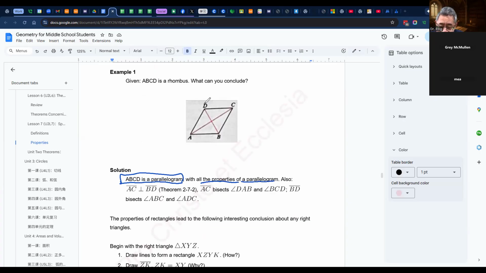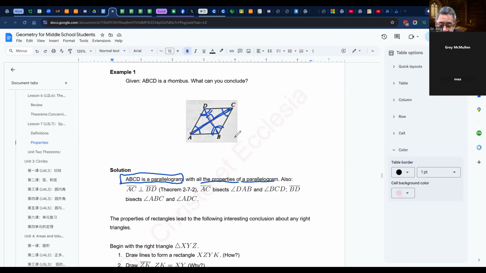And also what's new here is AC is perpendicular to BD. And we know AC bisects angle DAB, basically angle A. And also bisects this angle. And BD bisects this angle. And that's what we learned.